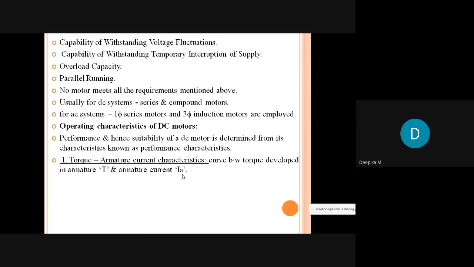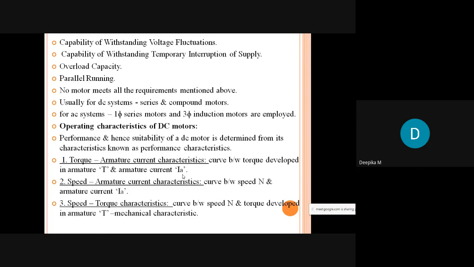First, we have the torque armature current characteristic, which is a curve between the torque developed and the armature current Ia. Then the speed armature current characteristic, a curve between speed N and armature current Ia. And the speed torque characteristic, a curve between speed and the torque developed in the armature.